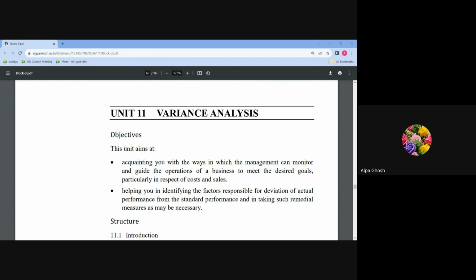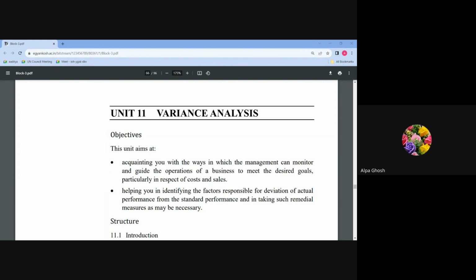When we start with variance analysis, it can be applied to each and every type that we take. In variance analysis, we try to compare the predicted cost behavior of a business with the actual outcomes: what is expected and what actually has happened.